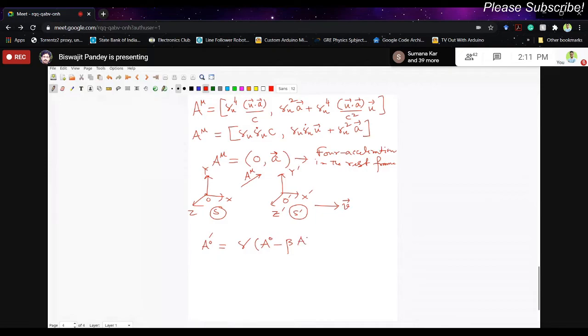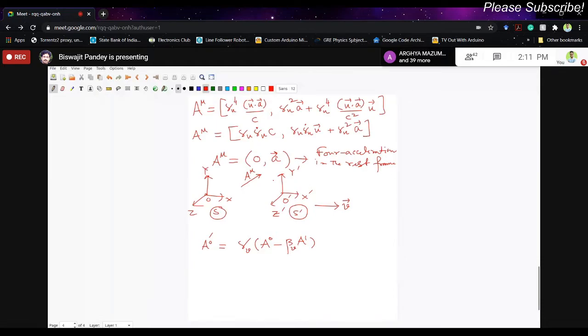Now what is the subscript for this gamma and beta here? Gamma v, right, good. And the subscript for beta is also v. Good. So remember this, because sometimes you may get gamma u coming here, but here again it is gamma v, because you are transforming the 4-vector between two inertial frames.